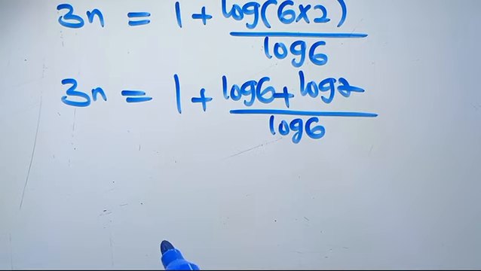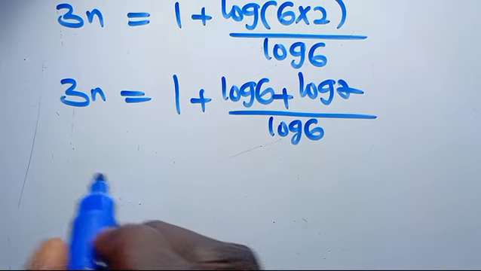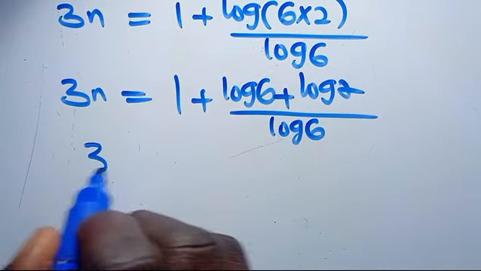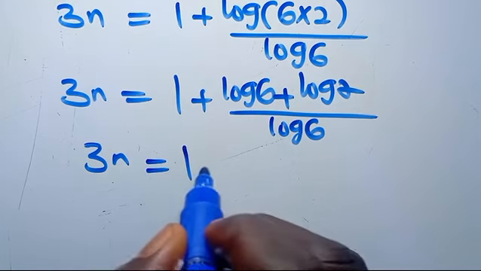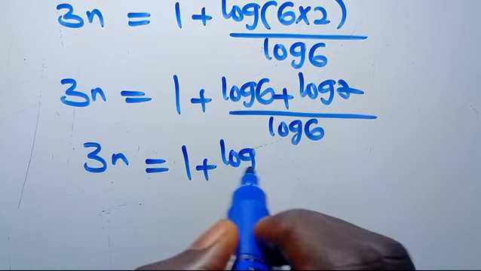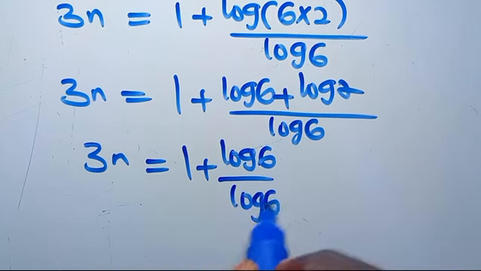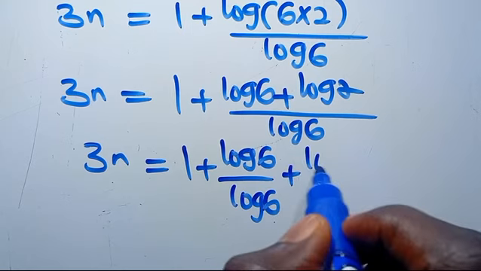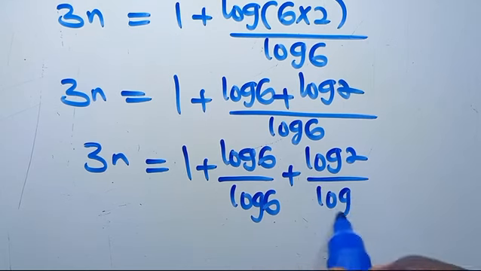Now we have 3n equals 1 plus log 6 over log 6 plus log 2 over log 6.